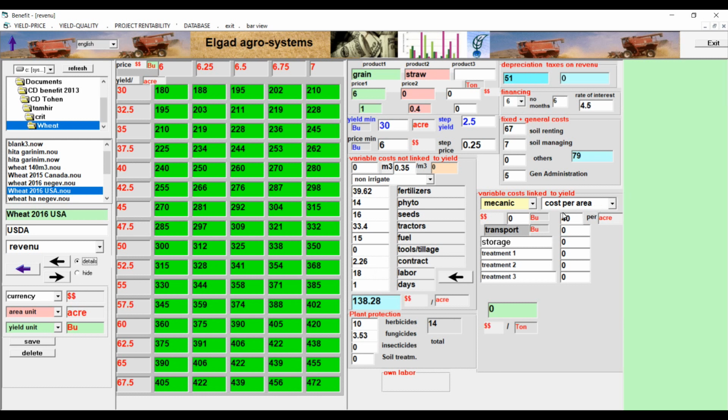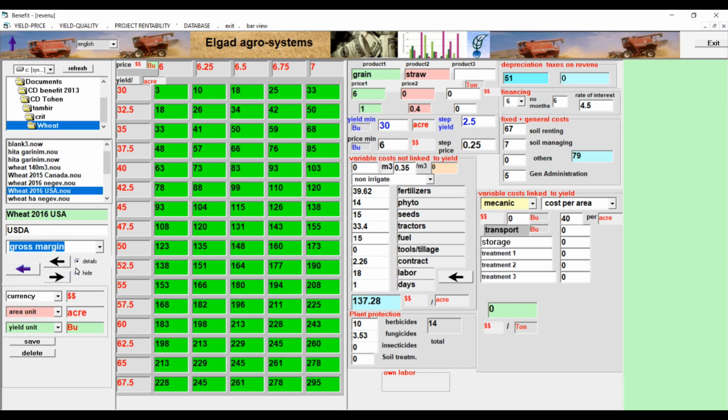Here it's a mechanical harvest, so the cost should be the cost per acre of harvest.